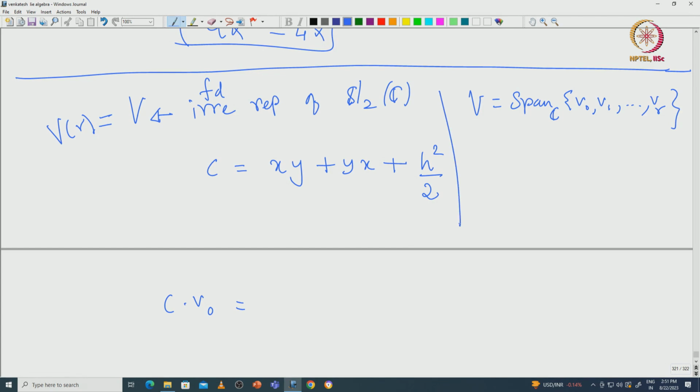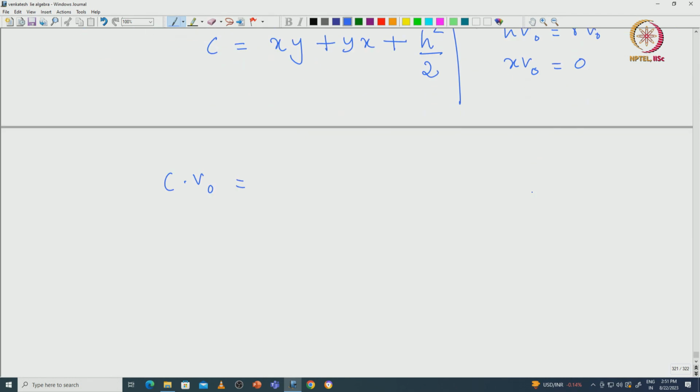So then you know that h V naught will be r V naught and then x V naught will be 0. Okay. So using that you can actually calculate what is C V naught. You can see that C V naught is equal to x y V naught plus y x V naught plus h square by 2 V naught.